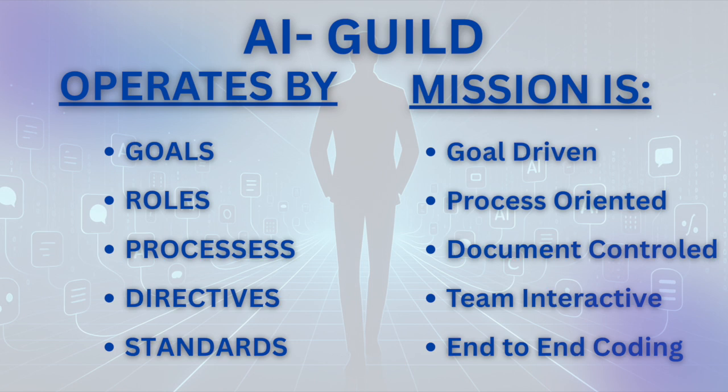So welcome. Today we're going to first do an overview of what the guild is. The guild is basically a set of playbooks and a set of rules and guidelines and a lot of documentation that, in this case, Claude operates with. The first thing it operates with is a set of goals, and my goals come in the form of requirements documents, much like Jira.